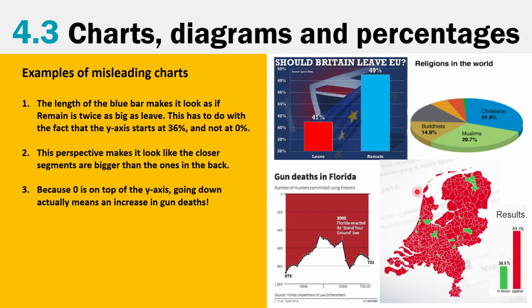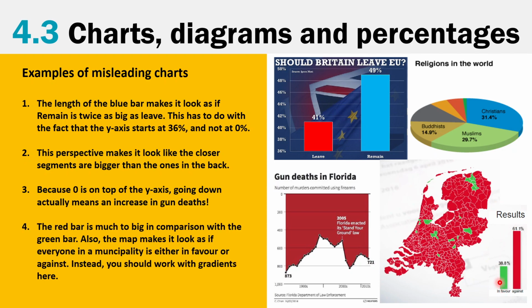And this one, in favor and against a certain result. This is actually used by a political party in the Netherlands. There are multiple things wrong here. First of all, in favor and against, those bars don't add up because the bar here is longer than it should be. So it seems like against is more than twice as big as in favor, which is not the case.